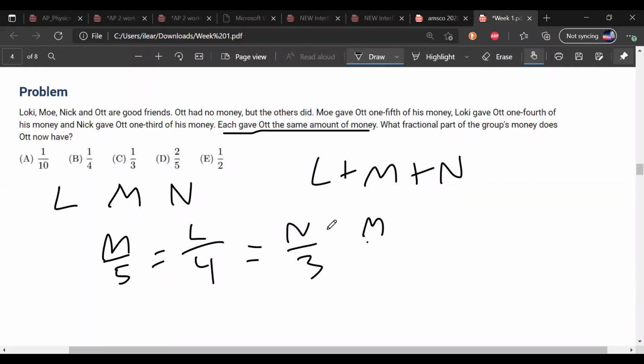Well, he has M over 5 plus L over 4 plus N over 3. Additionally, we can find a ratio between all of these. So let's multiply this whole thing by 120.